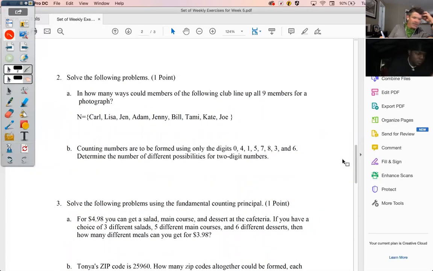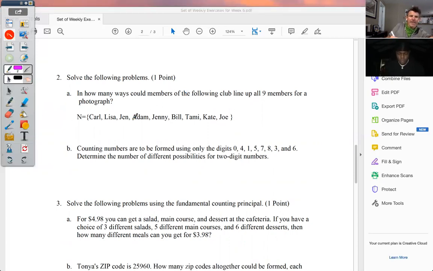So 10.2, number 2. The fundamental counting principle, I think is what you call it. The fundamental counting principle basically says that's where factorial comes into play. So in this case right here, it says how many ways could members of the following club line up 9 members for a photograph? So imagine lining these guys up.